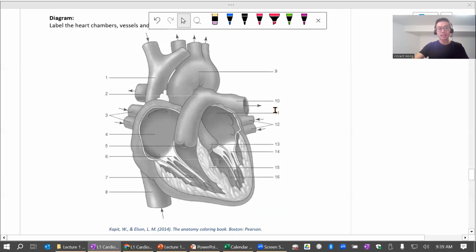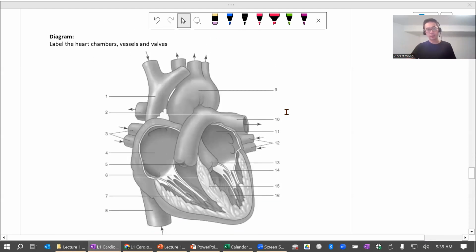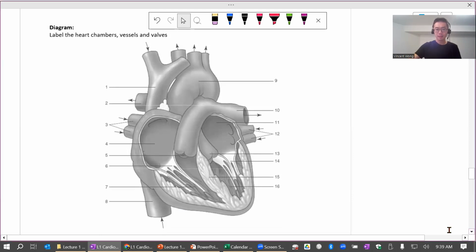And so this is the heart, and we have cut the heart open. Do you remember from last semester what cut this is? Is this a frontal cut, transverse cut, or a sagittal cut? Or have you given everything back to me after the exam?